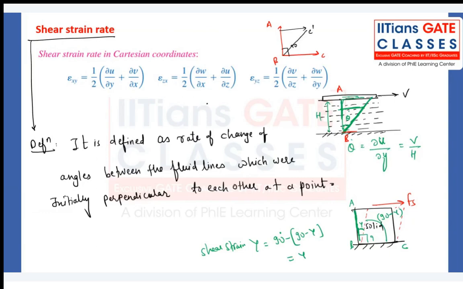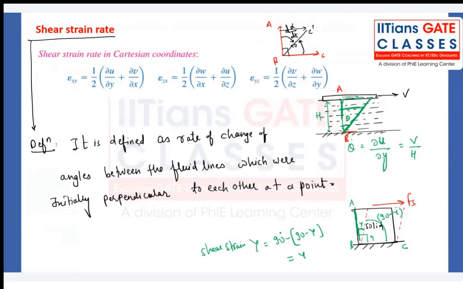Now tell me guys, what will be the angles? How much deformation is there from here to here? By which angle has it been deformed? Let's say here we are calling this dα/dt.